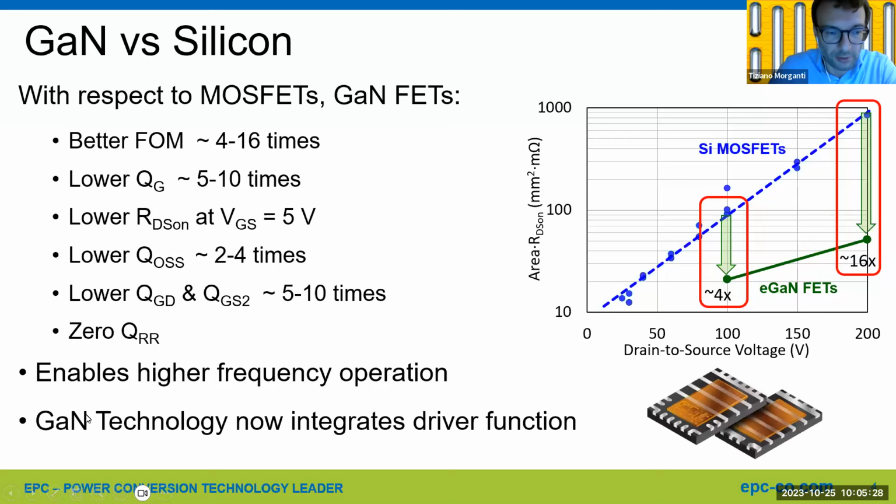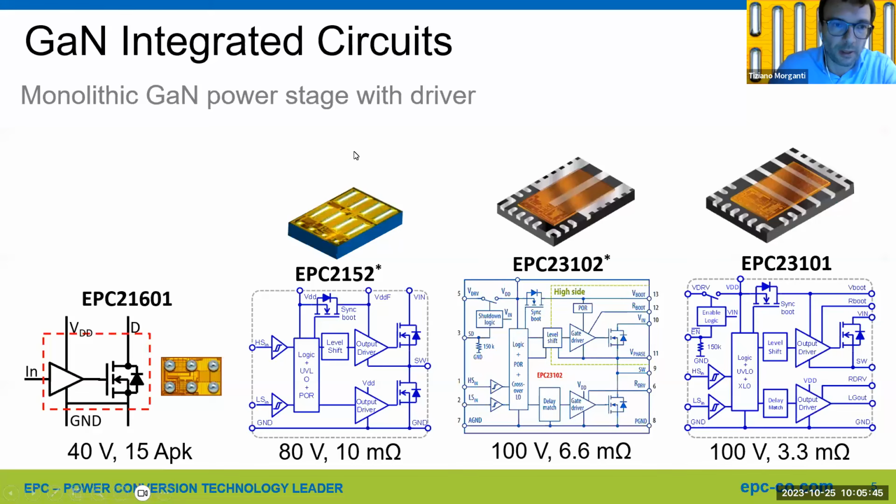And being a lateral technology, we can also integrate more devices in a single die. So we can integrate gate driver and logic to build a power stage IC. As an example, we have those power stages.